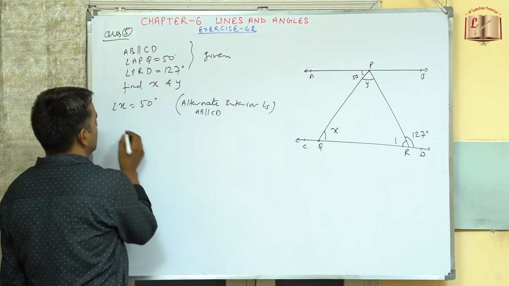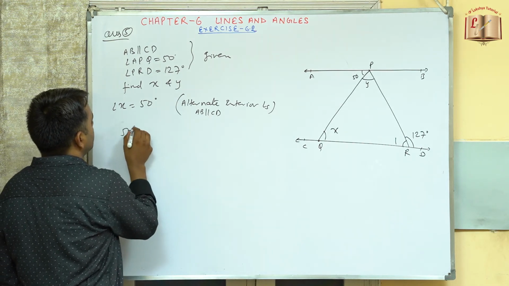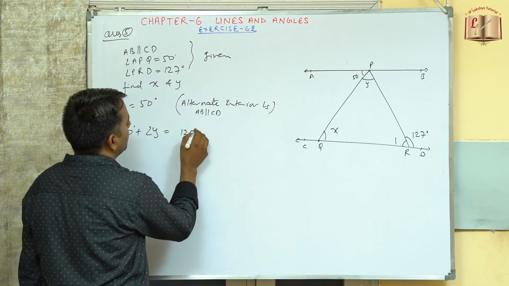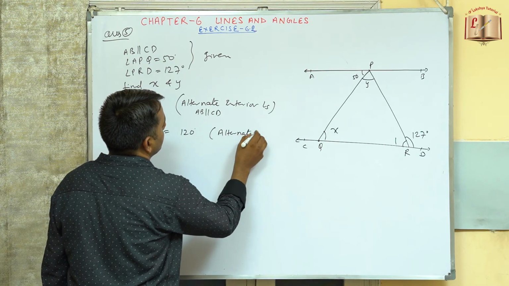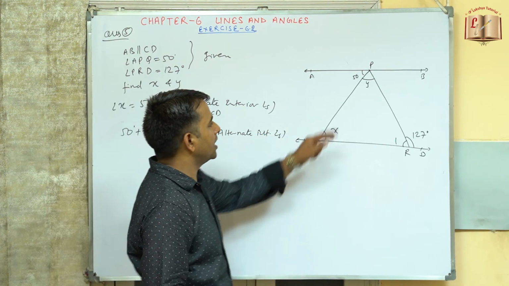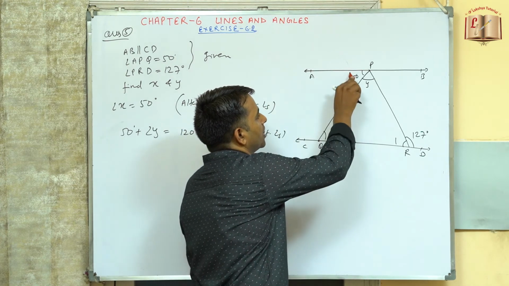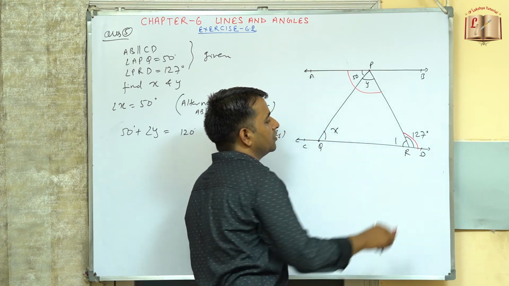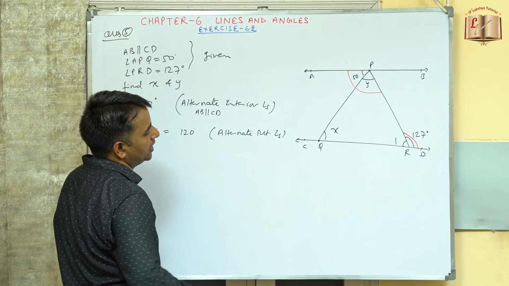So now 50 degree plus angle Y will be equal to 127 degree. They are the alternate interior angles, because lines are parallel. So this complete angle will be equal to this complete angle, I am talking about this angle will be equal to this complete angle 127, because they are the alternate interior angles, lines are parallel.